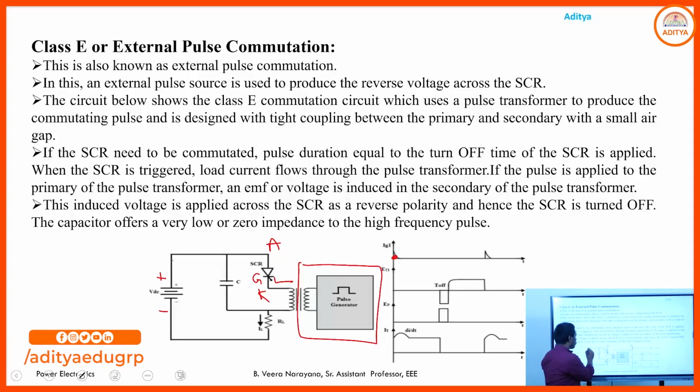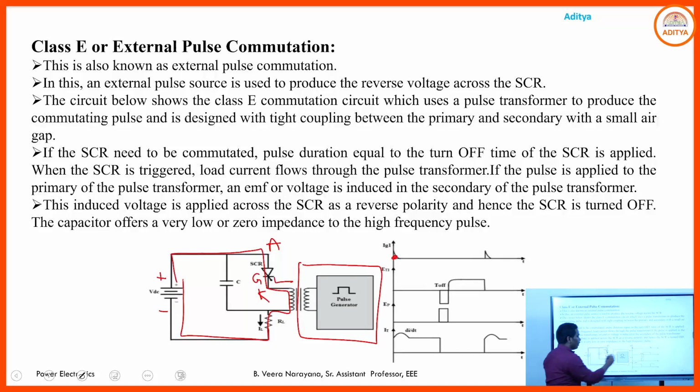When the SCR comes to the on state, this is the current flow through the circuit, and there is some current flowing through the SCR. As long as the SCR is in the on state, the voltage drop across the SCR is 0. At this T1, I just want to turn off SCR1 by using some external pulse generator.